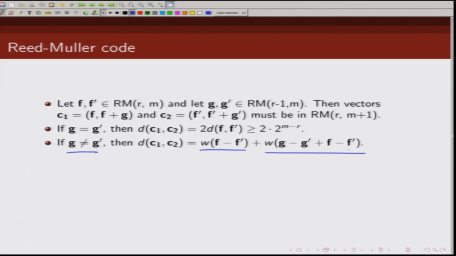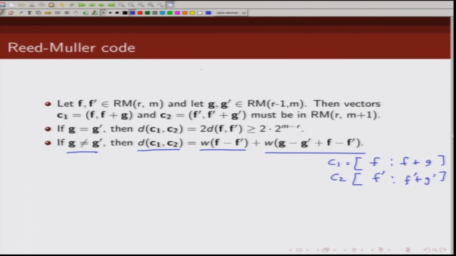So, if you have two code words, C1, which is f, f plus g, and C2, which is f', f' plus g', then the minimum distance between them is the weight of f minus f' and the weight of this minus this. So, that is what we are writing here: the minimum distance between C1 and C2 is given by this plus this.